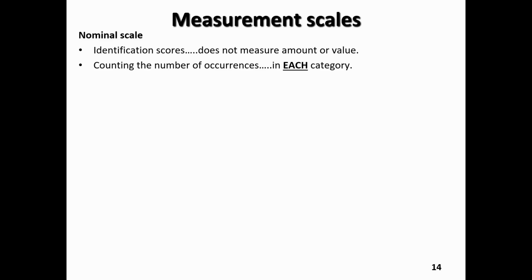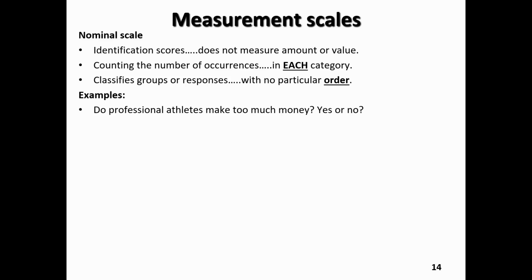And the key variable on a nominal scale is to count the number of occurrences in each category. And so this approach will classify groups or classify particular responses, and there's no particular order or no particular value assigned to each of these groups or responses.